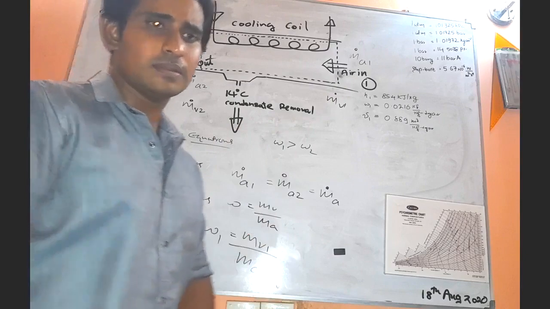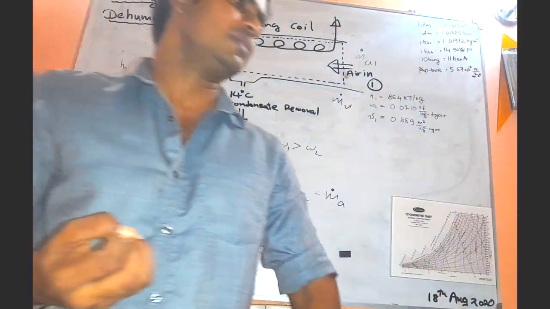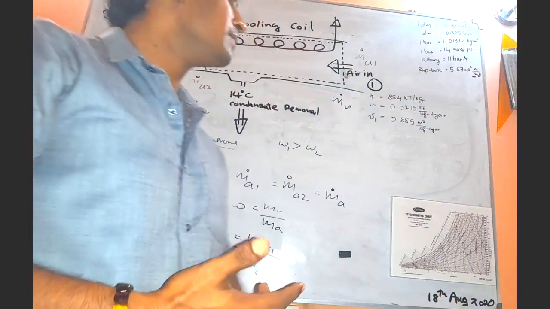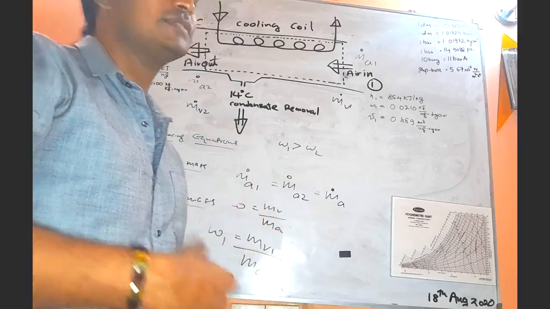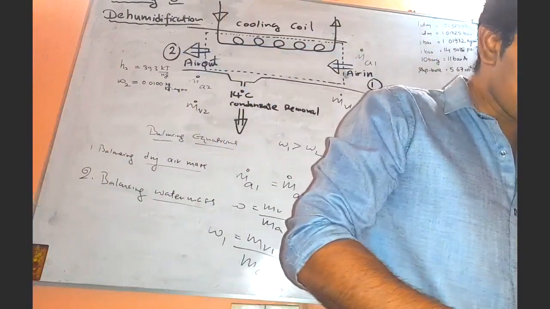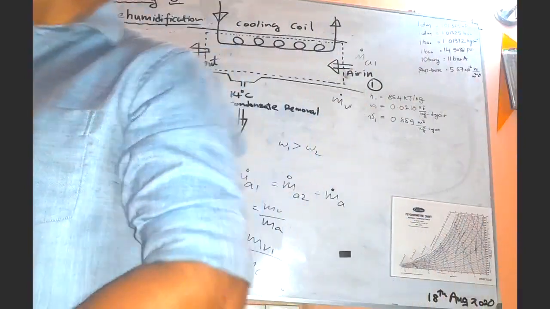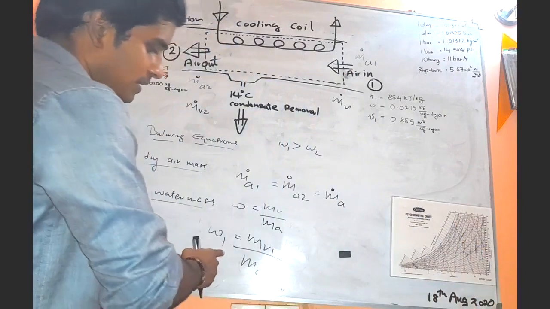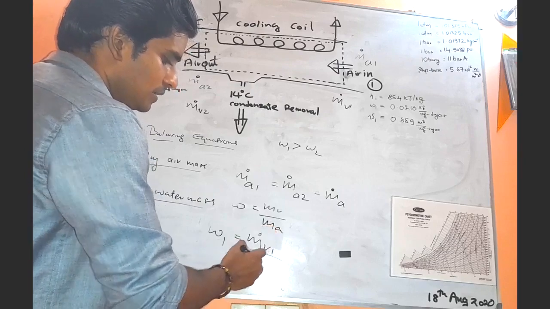Be careful about the units and the way the problem is given, because in the question it is mentioned that air enters as a flow rate in units of 10 meter cube per minute. So there you have to consider that. Better to say omega 1 equals mv1 dot divided by ma1 dot.